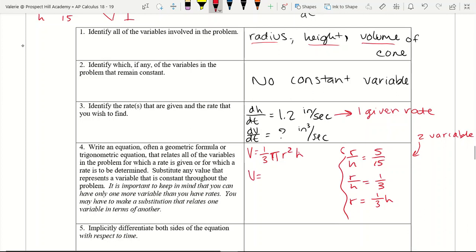So I have V equals 1/3 pi, 1/3 h squared times h.